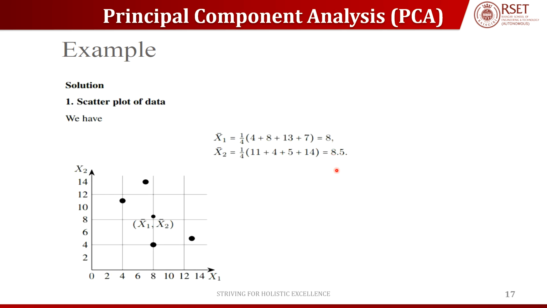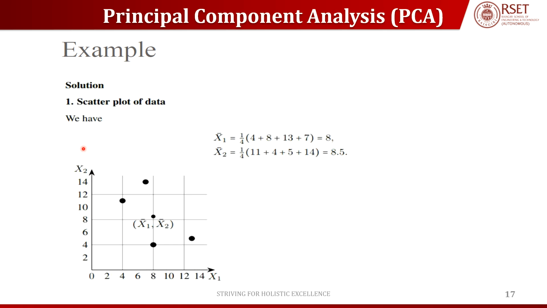So our first step is to calculate the means of the variables. For x1, the mean x1 bar is the average of the 4 values that we have seen in that table: 4 plus 8 plus 13 plus 7, divided by 4, which gives 8. And for x2, the mean x2 bar is 11 plus 4 plus 5 plus 14, divided by 4, which is 8.5.